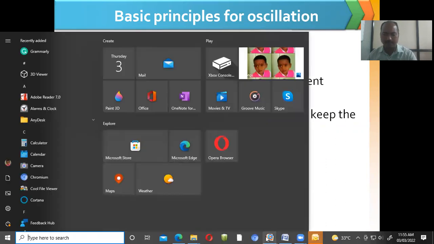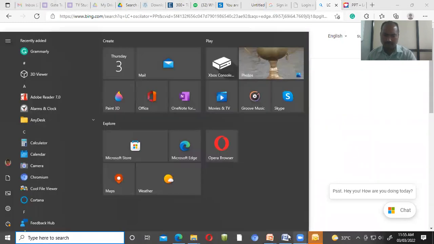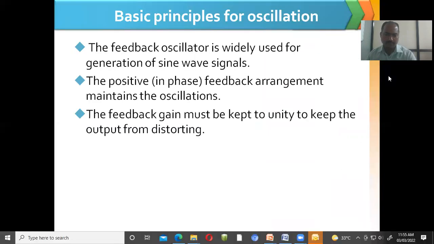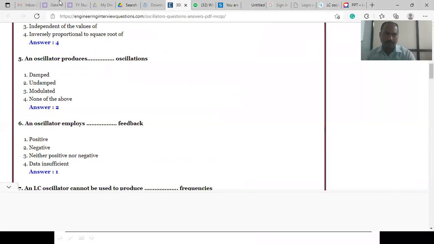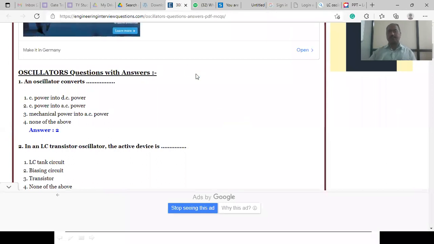Before that, we will see some questions on that topic. Some questions related to the oscillator: an oscillator converts.